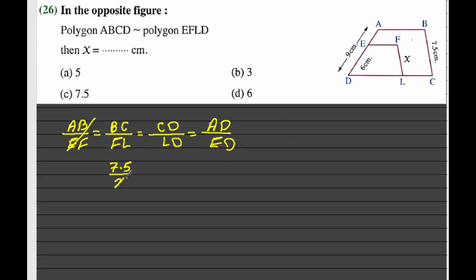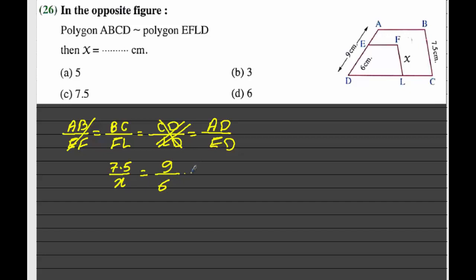It is x, equals CD, where is CD? CD, it is unknown, over LD. Also, it is unknown, and we will not use it in the proof, so also cancel it. We have AD. What is the length of AD? It is 9 over ED, which equals 6.